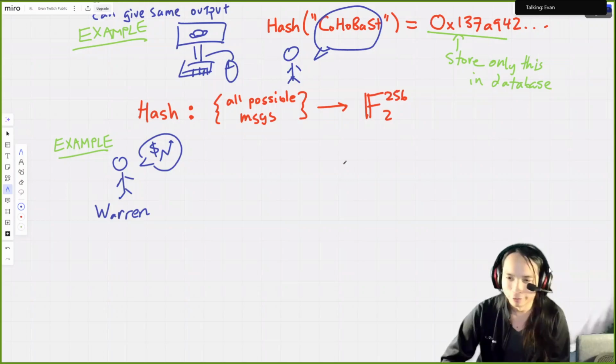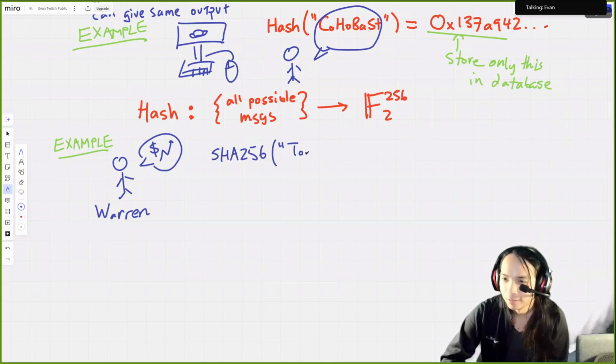What Warren can do is you can say, okay, we'll do SHA-256. He'll predict whatever's tomorrow, and he's like, tomorrow, I don't know, Alphabet goes up 18.9%, or something.